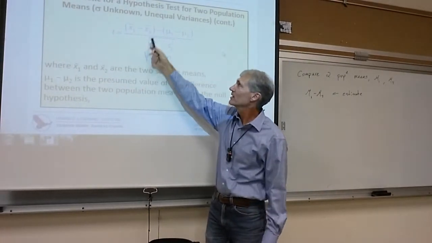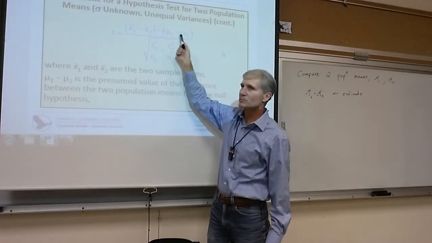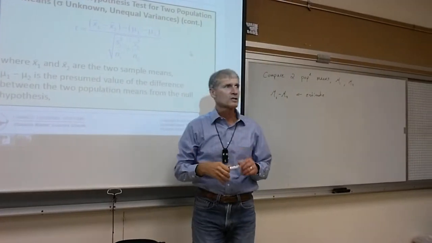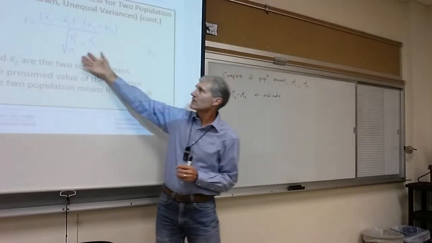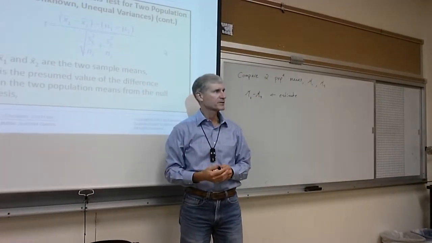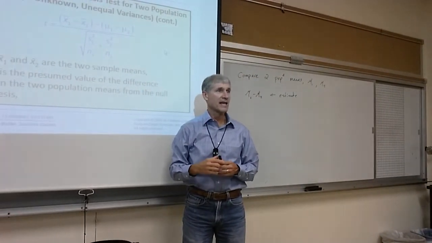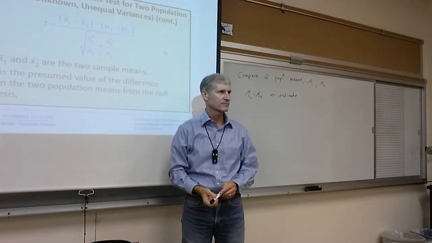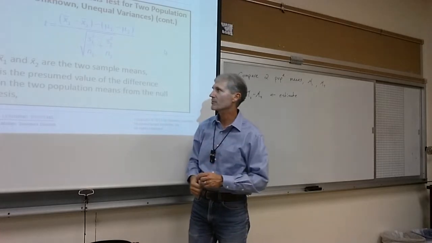Value minus mean divided by standard error gives you a standardized score. So what it gives you back is the number of standard errors that the sample difference was from the hypothesized difference. So we're back into that way of thinking about test statistics.